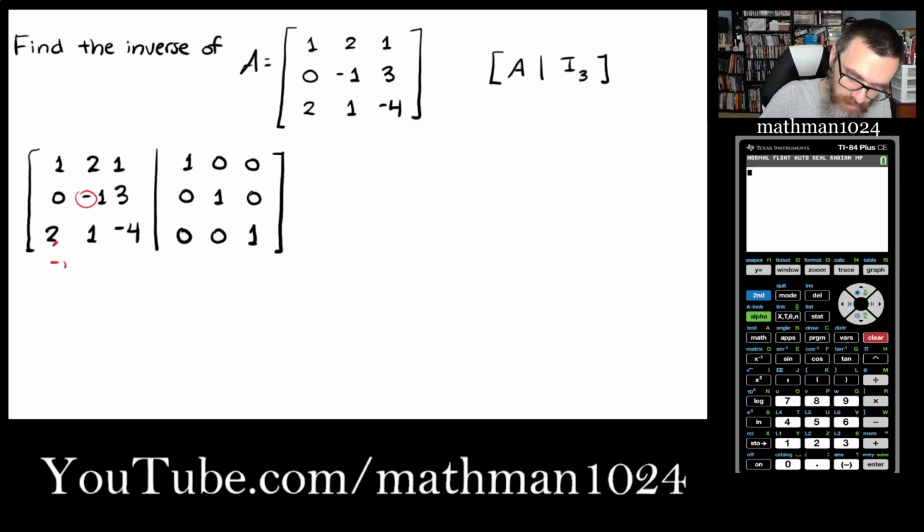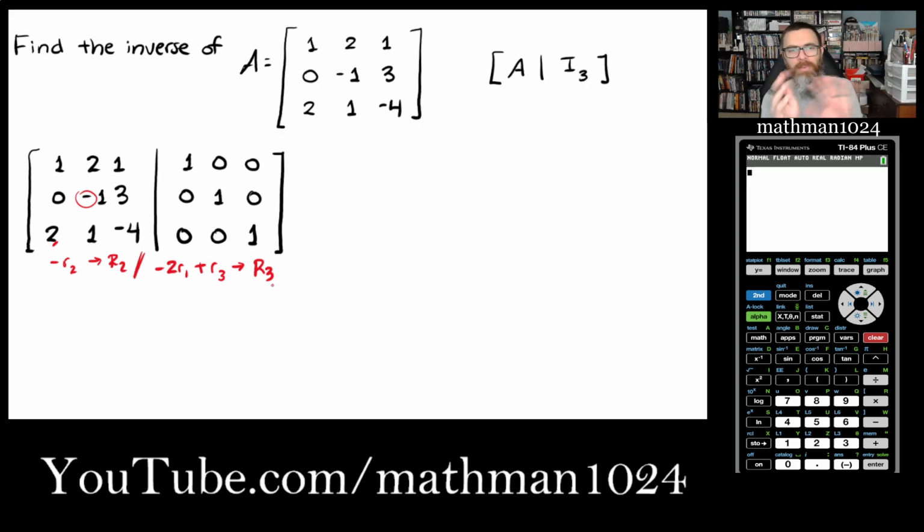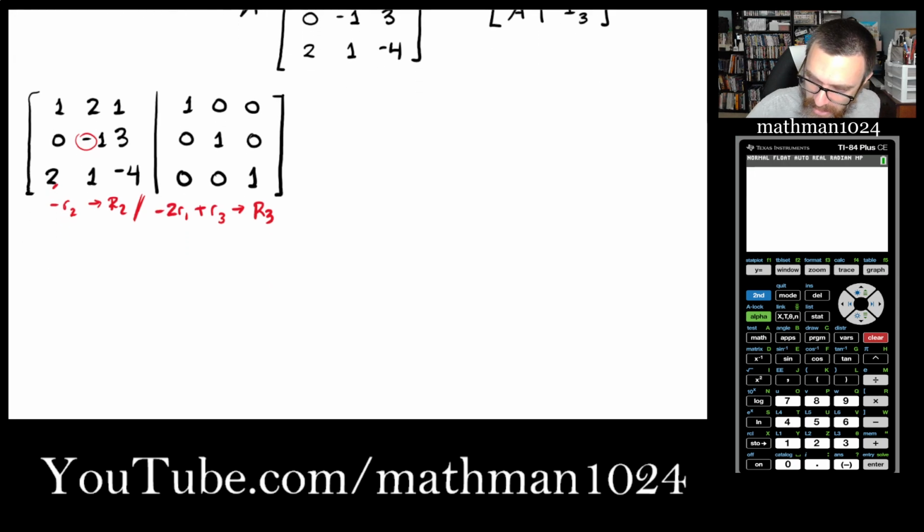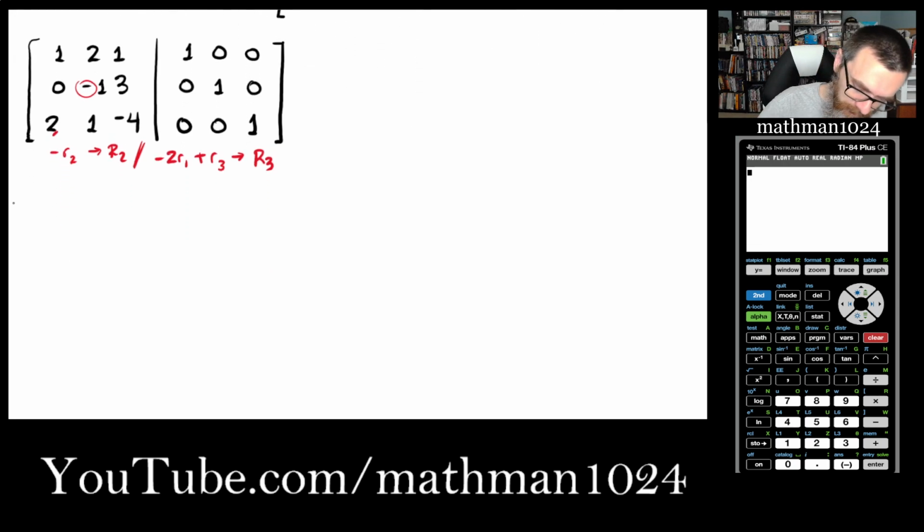So first, we're going to do negative row 2 and put that back into row 2. And then I want to do negative 2 times row 1 plus row 3 and put that into row 3. So these operations are totally separate from each other, so I'm okay doing this at the same time.